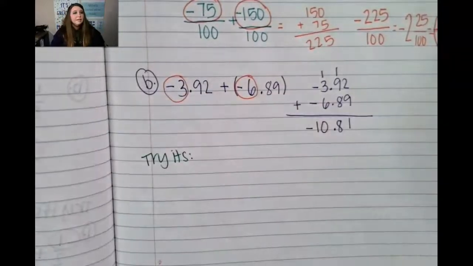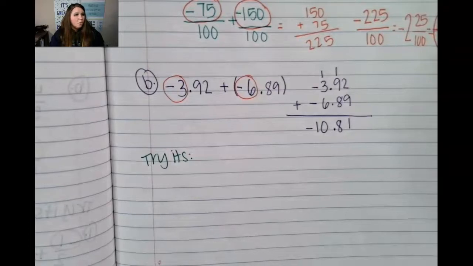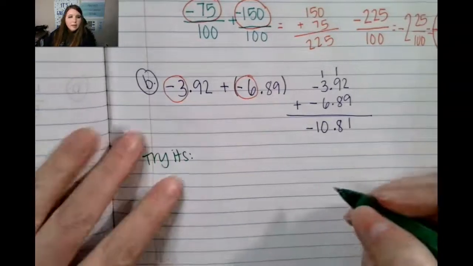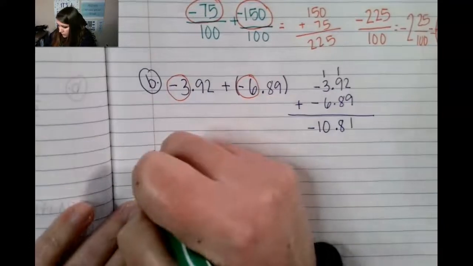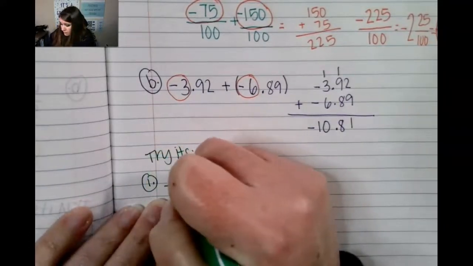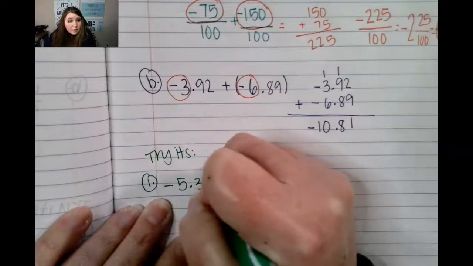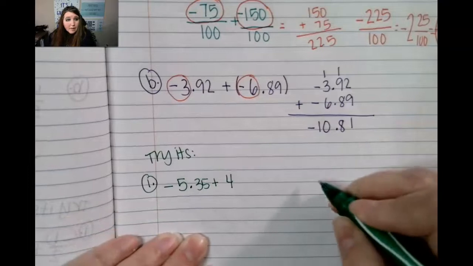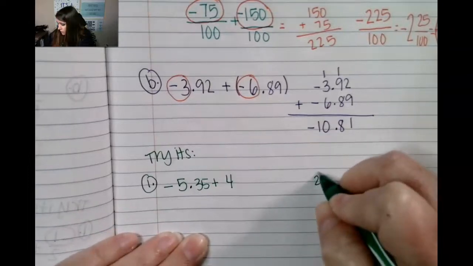Okay, and today's try-its for adding decimals look like this. So I have try-it number 1 for decimals. I have negative 5 3/5 plus 4. And then try-it number 2.